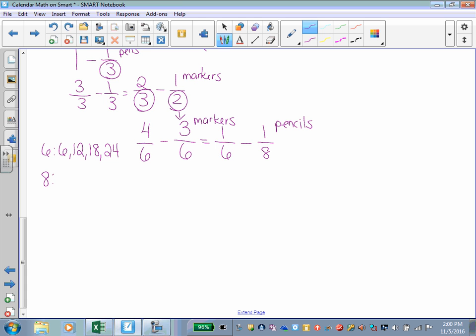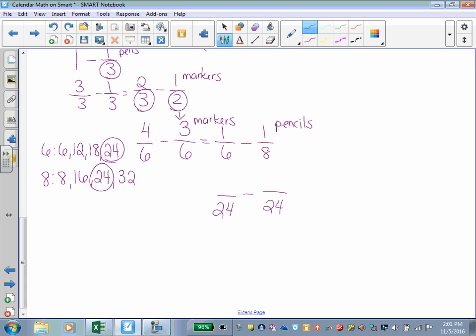Since I'm running out of room, I'll stop here. Well, let's look at 8. 8 times 1 is 8, 8 times 2 is 16, 8 times 3 is 24, 8 times 4 is 32. Do we see a number that is the same for both of them? Okay, 24. So 24 is a multiple for both numbers, which means that it can also be a common denominator.